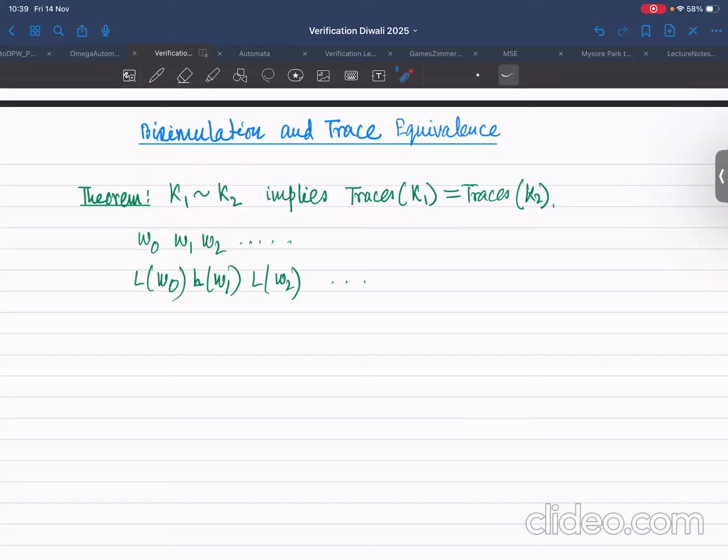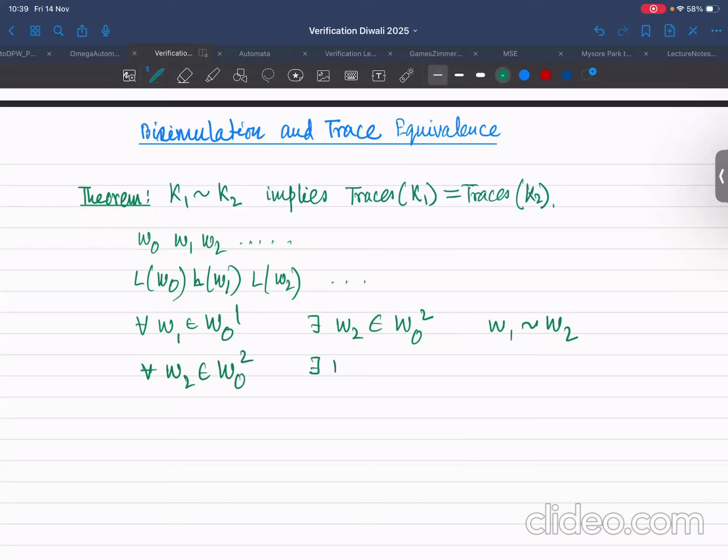Let me state the quantifiers clearly: for every W1 belonging to W01, there should exist some W2 belonging to W02 such that W1 and W2 are bisimilar, and similarly for all W2 belonging to W02, there should exist a W1 such that W1, W2 are bisimilar.